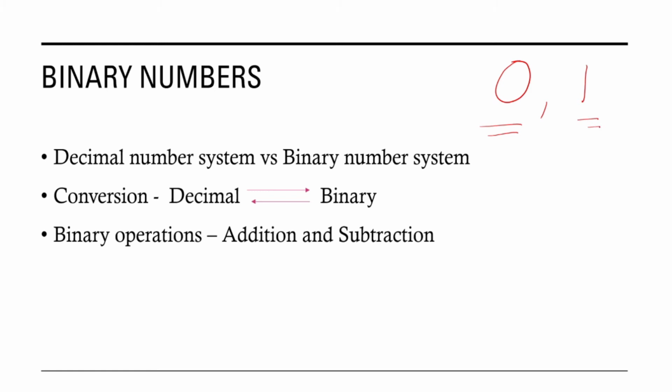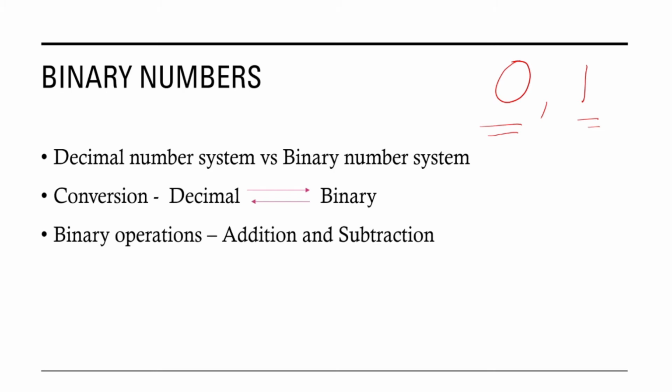In today's world, everyone is highly dependent on computers. These computers use these bits, these binary numbers 0 and 1, to receive the data, process the data and give the output.